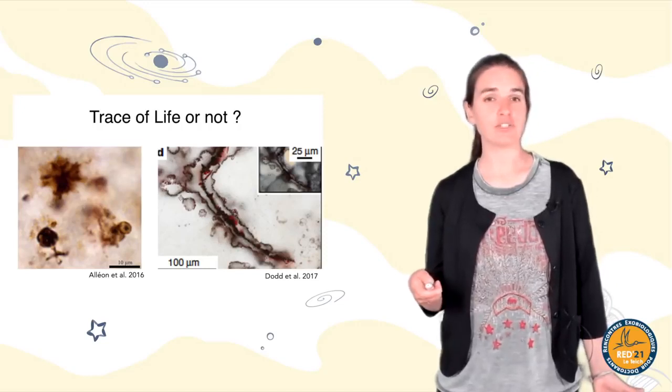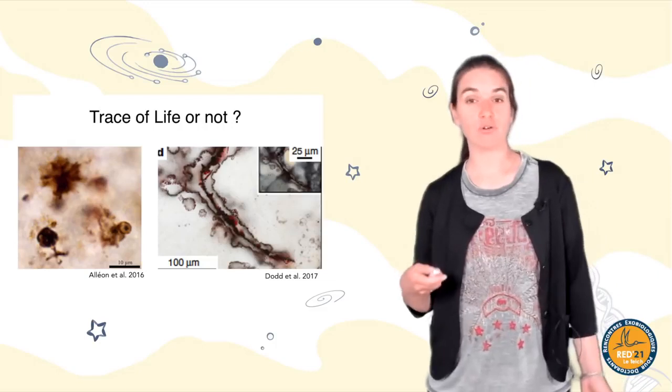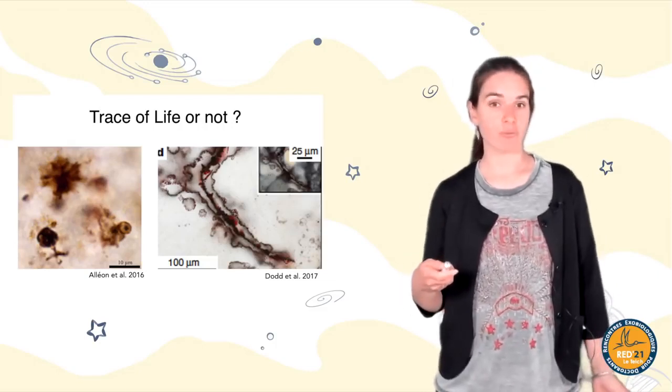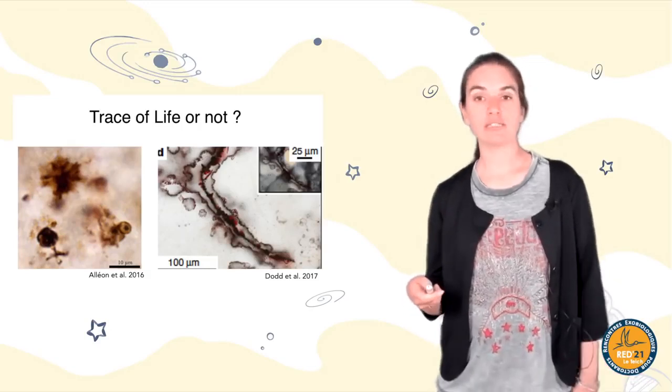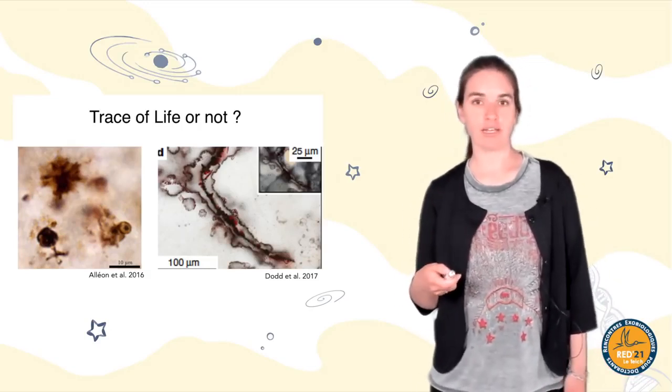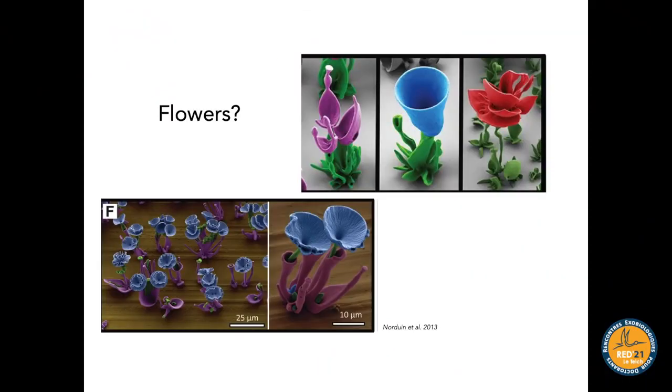And so here it's difficult to assess that it's a trace of life, but it's even more difficult to know what kind of organisms were present at that time. And it's because we are using mostly morphology as a criterion, but here I show you some pictures that look like flowers in false color. They look like very beautiful flowers, but they are not at all flowers.